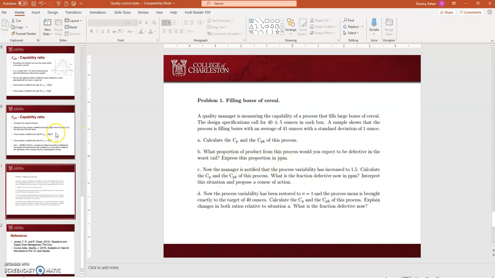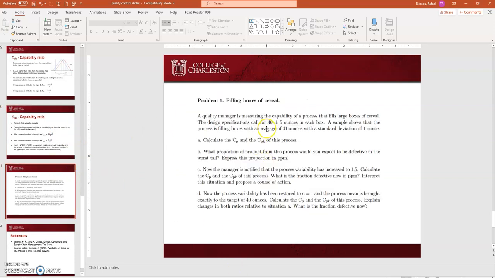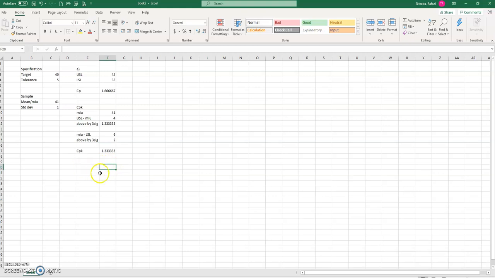Okay, so in this process, we know that the sample mean is 41 when it should be 40. So if I use my Excel just to show you, I have 40, I should be filling boxes with 40, but now I'm filling up with 41.